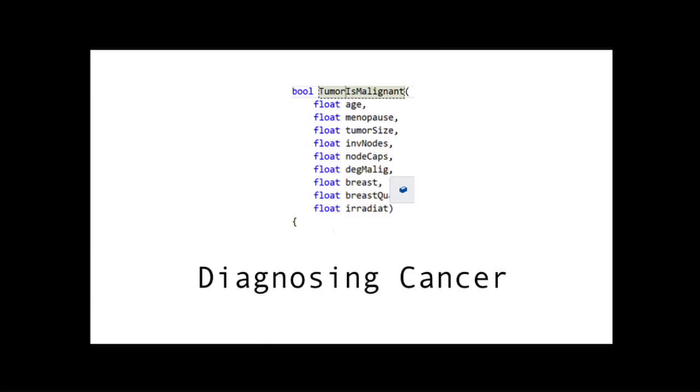Because I don't have that domain knowledge, I might work with a domain expert. But the domain expert speaks the language of oncology, and I speak the language of programming, and there's always a bit of an impedance mismatch, where maybe we're not communicating as efficiently as possible. I'd like to have a way where even if we don't totally speak each other's language, we can work together and come up with a system that at least gives good results.